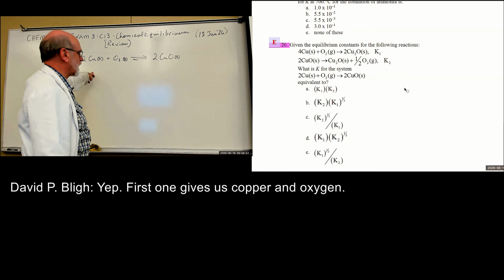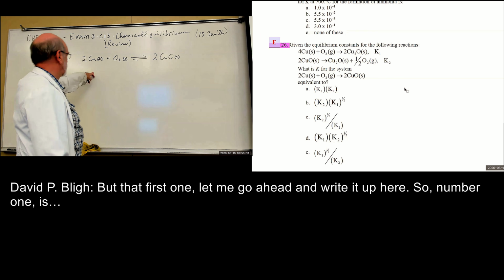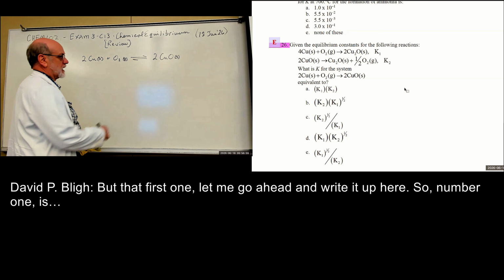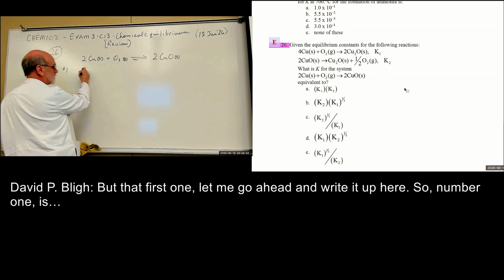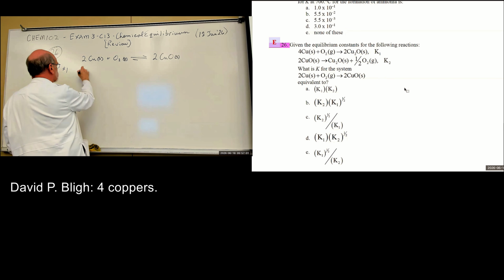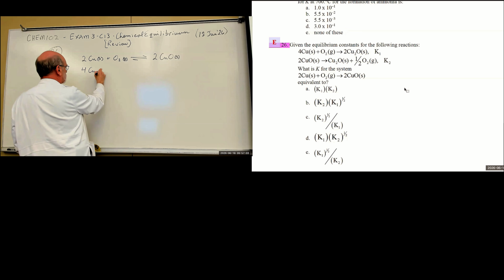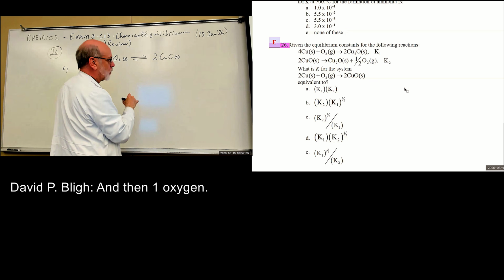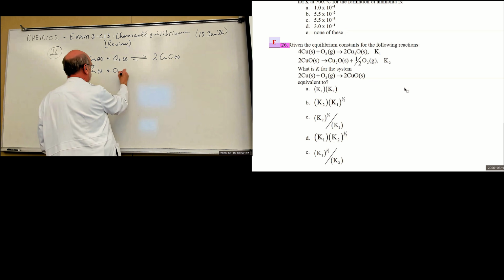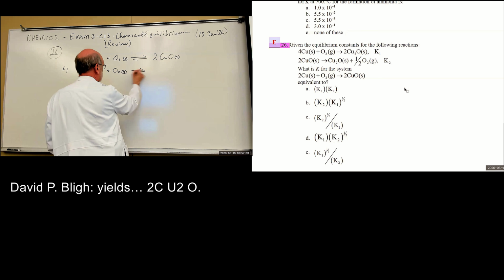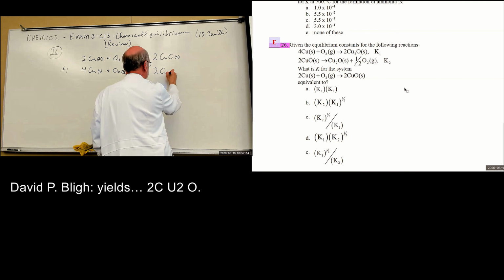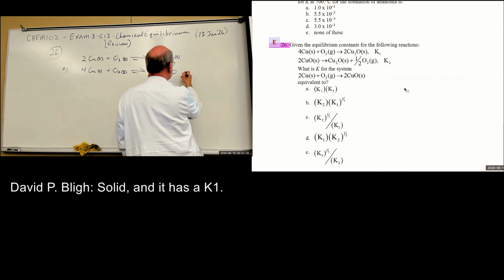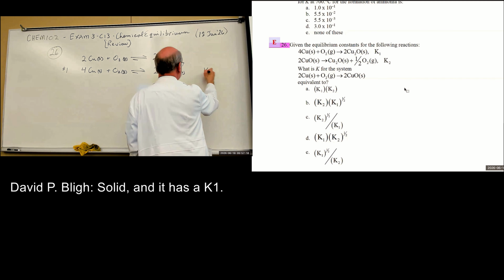Yep, first one gives us copper and oxygen. But that first one, let me go ahead and write it up here. So number 1 is 4 coppers and then 1 oxygen yields 2 Cu2O solid, and it has a K1.